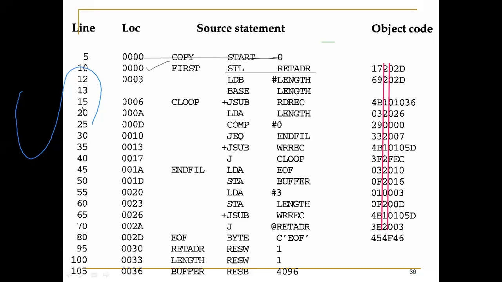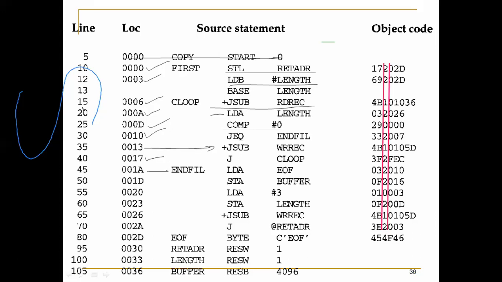So simple instruction 0003, incremented by 3. Simple instruction 0006. Okay. Extended format 4. So 000A. So simple instruction once again 3 added. Simple instruction 3 added. So extended format, right? So here we have an extended format. So 3 plus 4, 7, right?